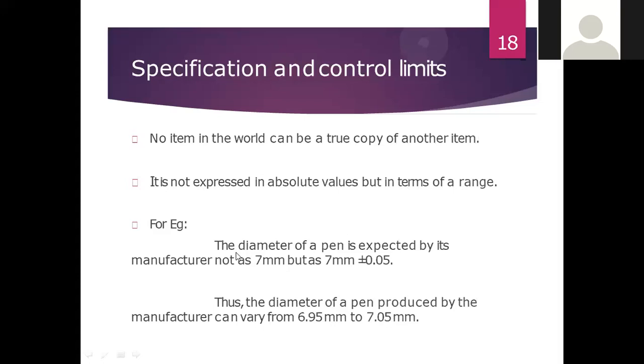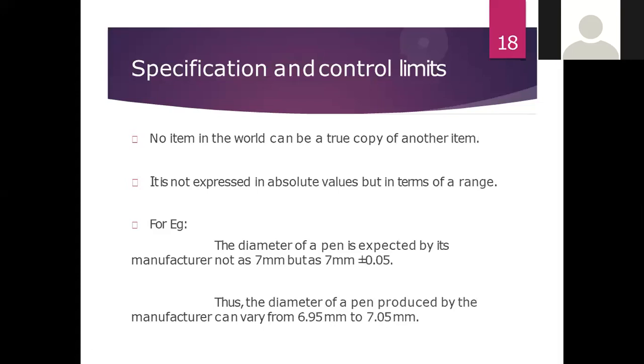The example says the diameter of a pen, the pen you use, is expected by its manufacturer to be 7 millimeter on average, but plus or minus 0.05. So they are giving a range. A pen must be 7 millimeter in diameter, but it can go up by 0.05 millimeter, or it can be reduced by 0.05 millimeter.